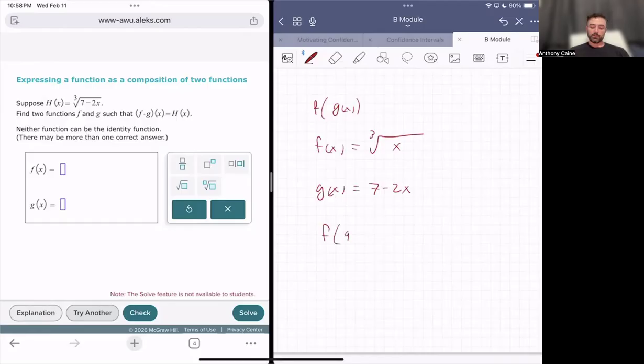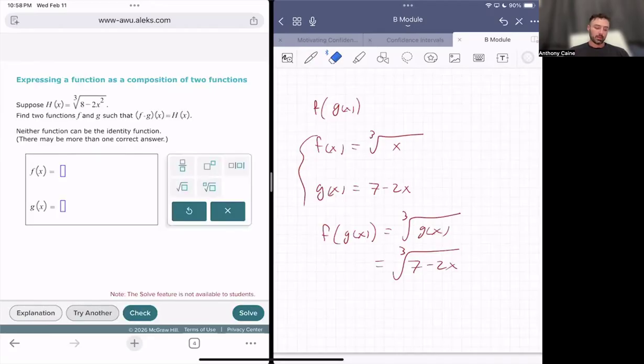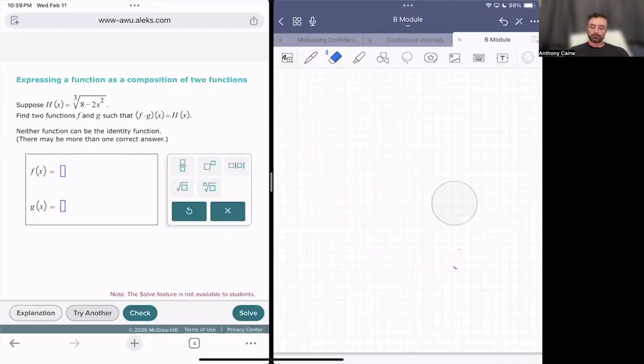And now if I do f of g of x, this is the cube root of g of x. This is the cube root of 7 minus 2x. Okay. So anyway, there's my f and my g. Let's try another. They're all kind of the same.